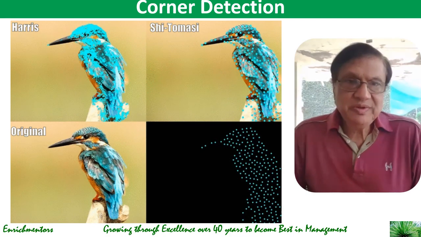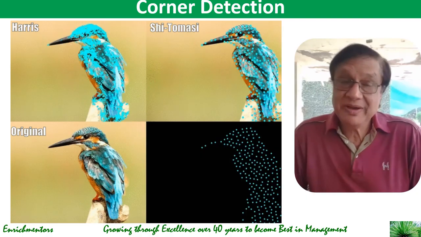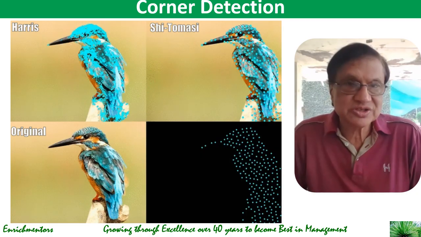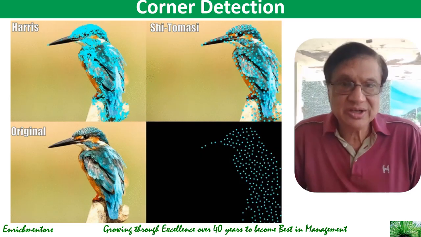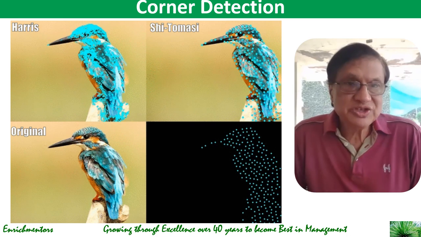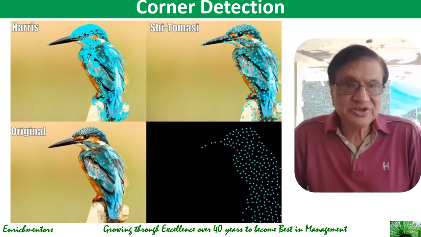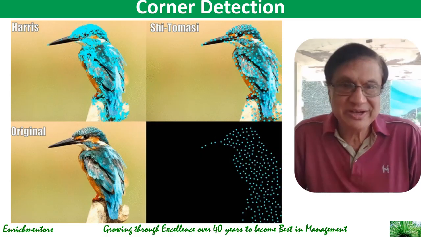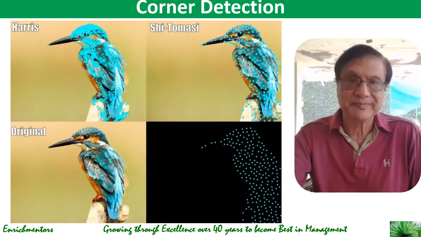The last one that we want to talk about as image feature extraction algorithms is corner detection algorithms such as the Harris corner detector or Shi-Tomasi corner detector, which identify corner points in images based on the local intensity variations. The corner features are used in applications like image stitching, camera calibration, and object tracking.